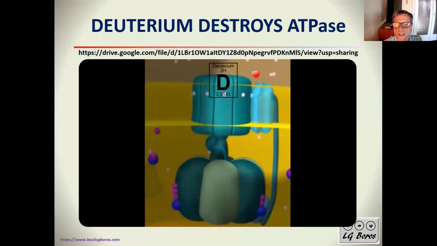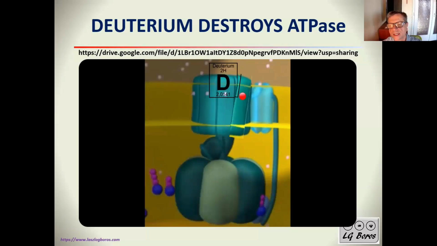And here comes deuterium, which is twice as large and twice as heavy. What deuterium does to these nanomotors is break them. That means there's no ATP synthesis, and there is no metabolite or food processing. It causes molecular crowding. Deuterium is high in food, because these protons, these hydrogens, come through food.